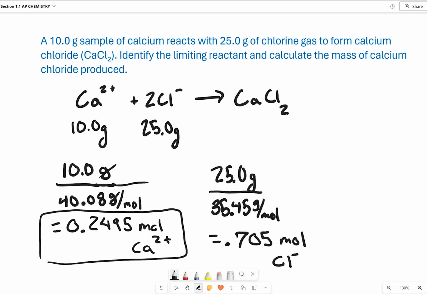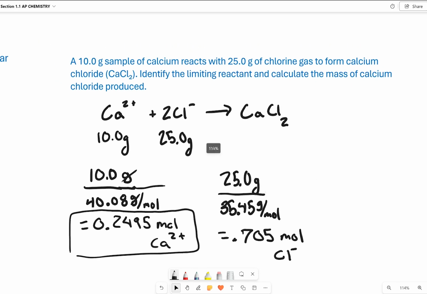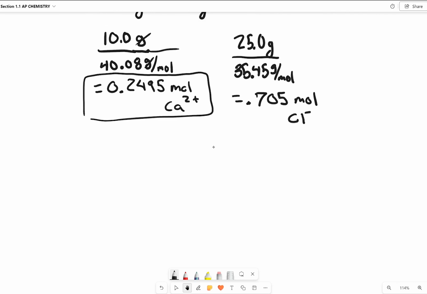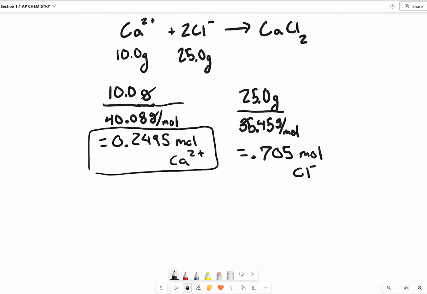So now we need to figure out which one is the limiting reactant. Don't forget our equation we've got there. We're going to figure out how many of the calcium ions and the chloride anions make the calcium chloride.